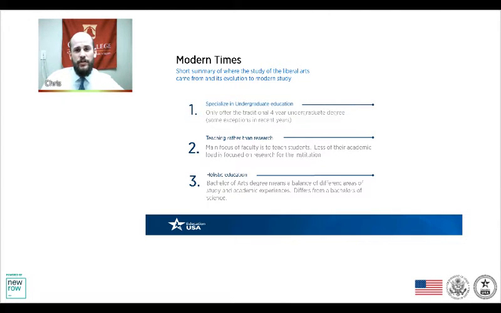Teaching rather than research. I put this one up there because I believe it's one of our liberal arts colleges' staple missions. Our mission is to teach students. That's our main goal for being here.